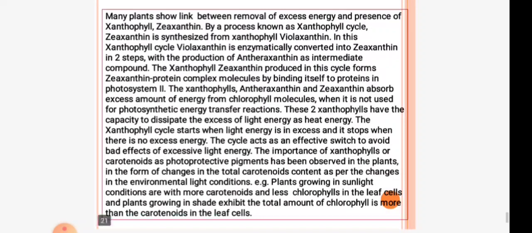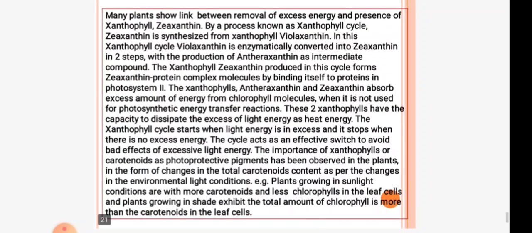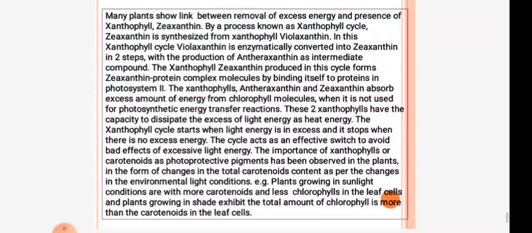The importance of xanthophylls or carotenoids as photoprotective pigments has been observed in plants in the form of changes in total carotenoid content as per the change in environmental light conditions.